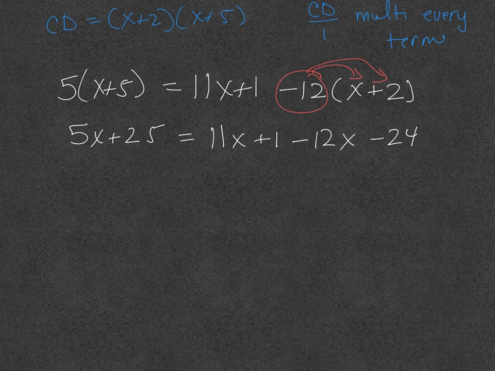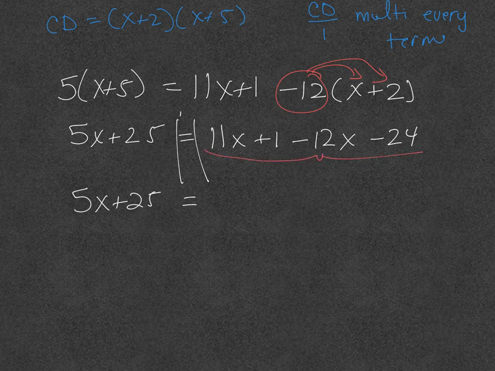So again, when you're doing this, if it's on the same side of the equal sign as it is over here on the right, the 5x plus 25 I don't want to do anything with right now. But over here on this side, I want to go ahead and combine like terms. I don't do the opposite.